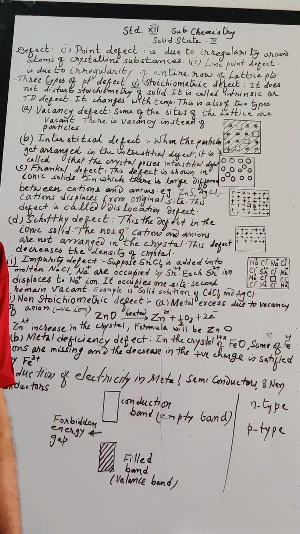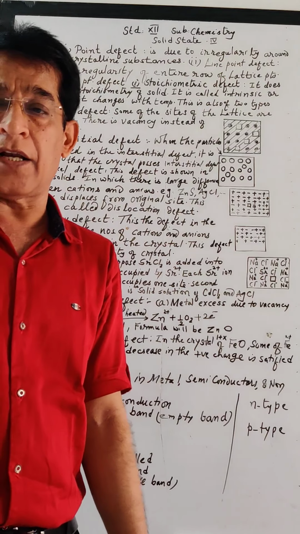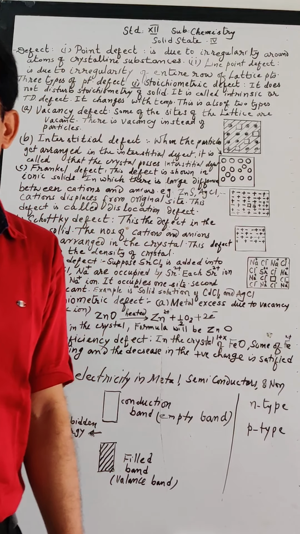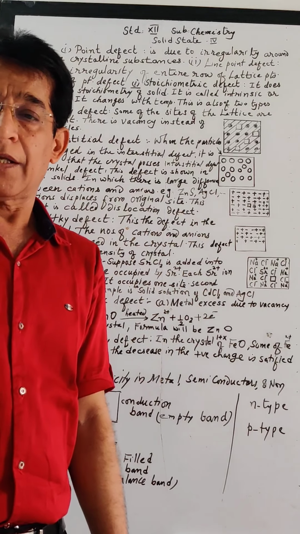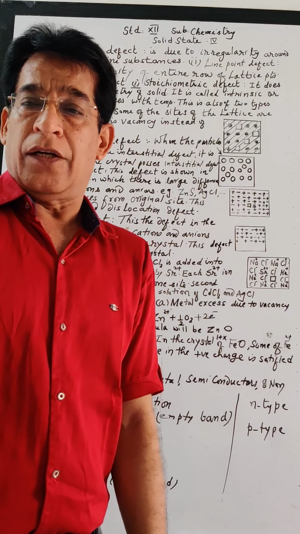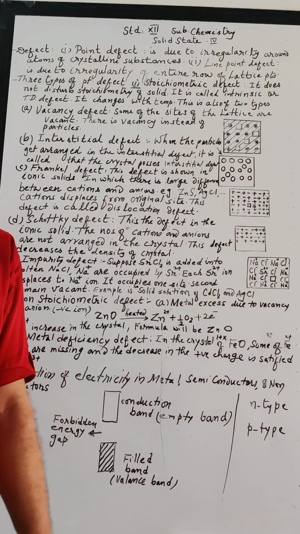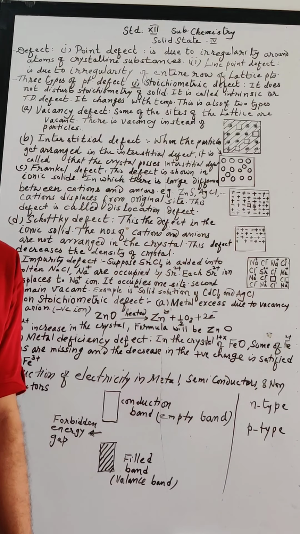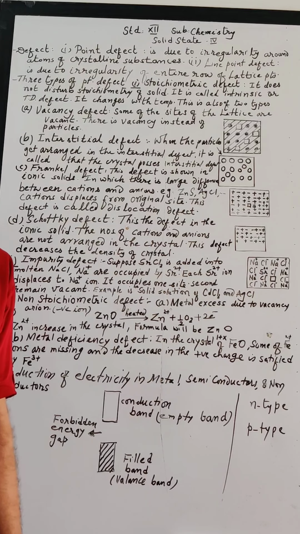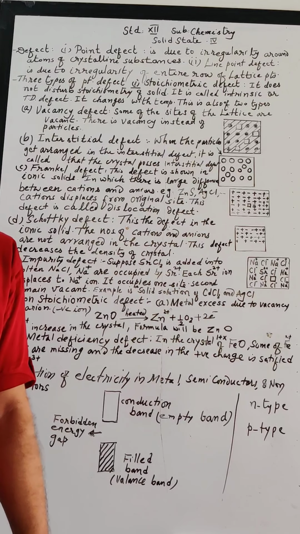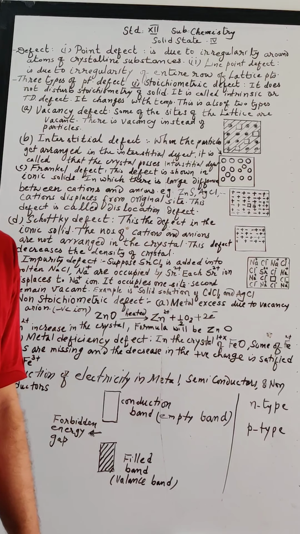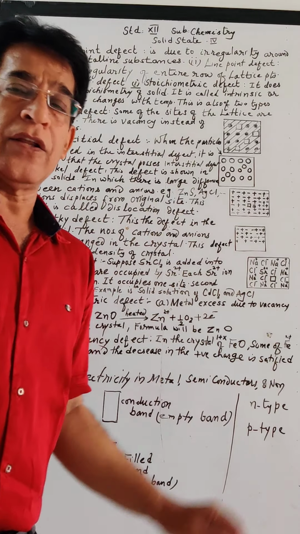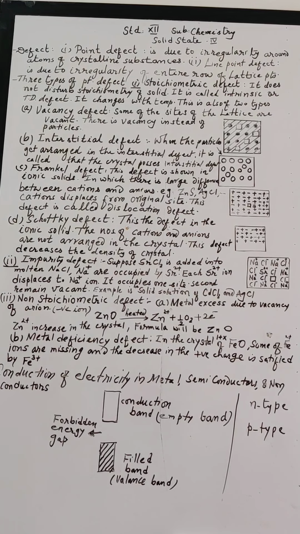Such a crystal is called a crystal having vacancy defect. B, interstitial defect. When the particles get arranged in the interstitial sites, it is called that the crystal possesses interstitial defect. You can see in the figure.